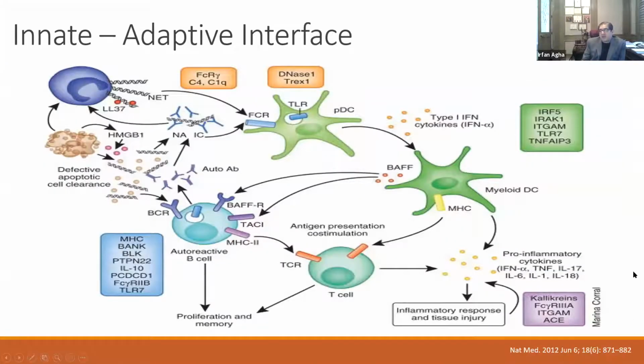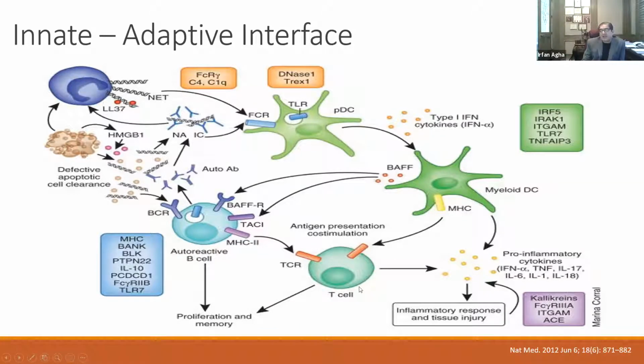So this is now what is happening here. Can you see my arrow? There we go. So the plasmacytoid dendritic cell, which is over here, is seeing a lot of these nets and other types of apoptotic material, which is not being cleared. In the orange here are the various genetic abnormalities that cause these problems. The plasmacytoid dendritic cell then becomes activated, releases a lot of type 1 interferon, also starts releasing BAFF, which we'll hear about today, and starts stimulating T cells.